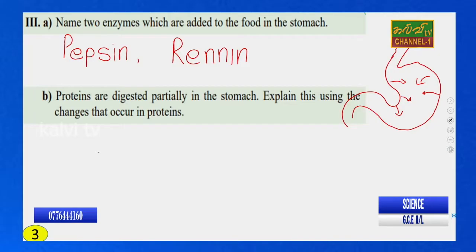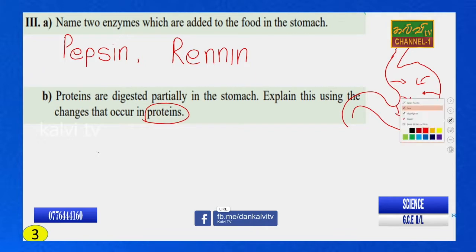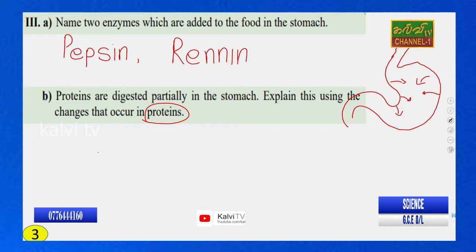Proteins are digested partially in the stomach. Explain this using the changes that occur in the proteins. We already studied the digestion of proteins. What is protein? Protein is a polymer, right? That means there are so many amino acids, they combine between them and make a polymer, protein as a polymer.